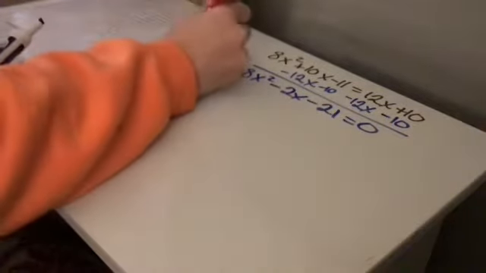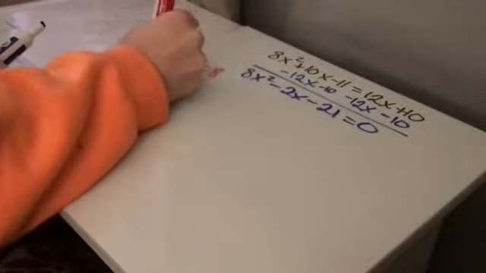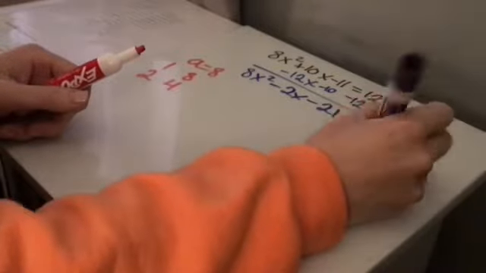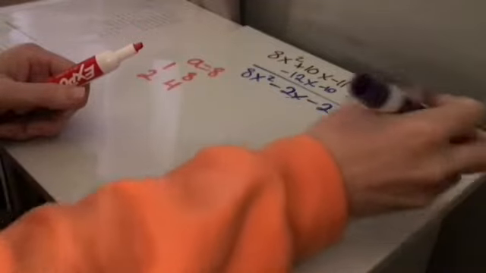So a is 8. Factors of 8 are 1 and 8, 2 and 4. And the constant is negative 21. So factors of negative 21 are 1, negative 21.